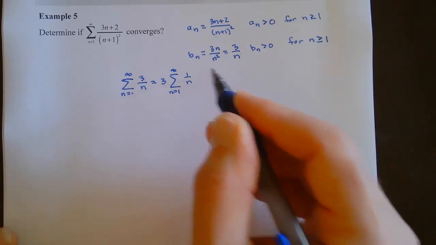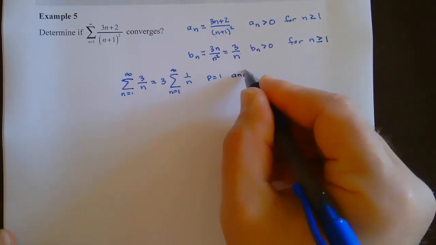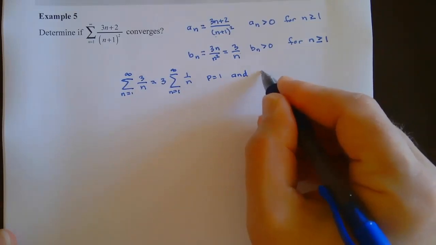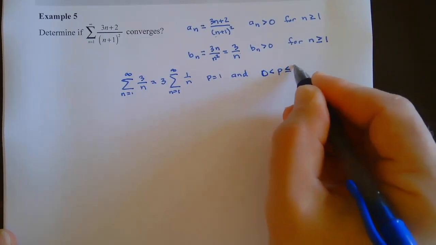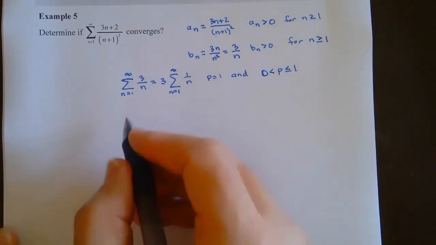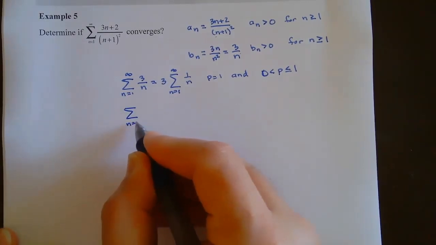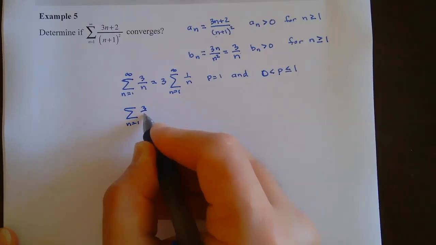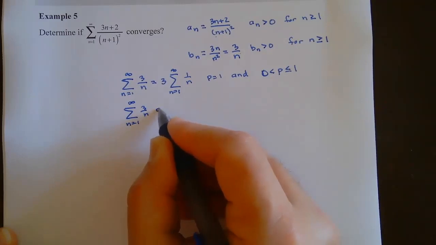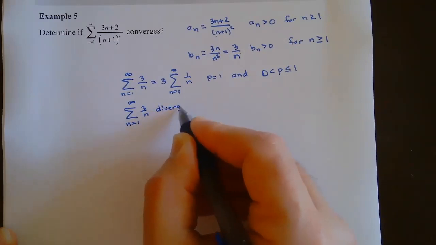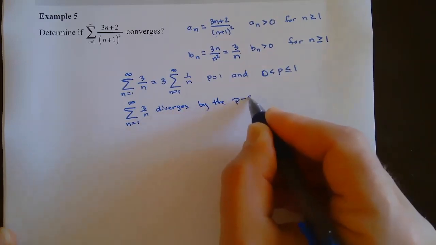So we know p equals 1, and 0 is less than p is less than or equal to 1. So we know this series, the sum from n equals 1 to infinity of 3 over n, diverges by the p series test.